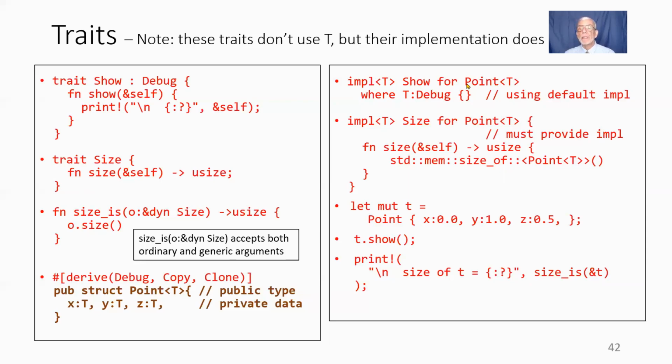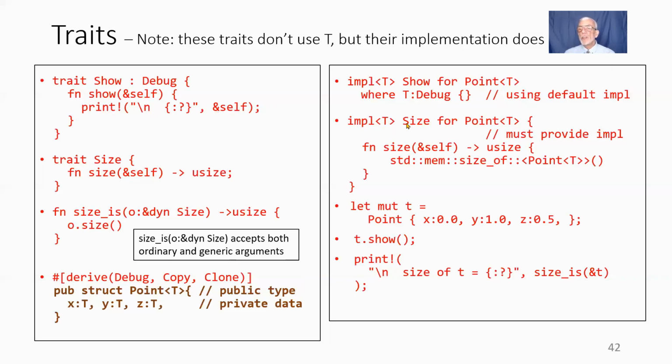I didn't define a type point, I defined a point type of T. So I need this parameter T for the implementation of the trait show for the point T type. And here, just like we did in the last video, I'm going to use the default implementation for show that I provided over here.